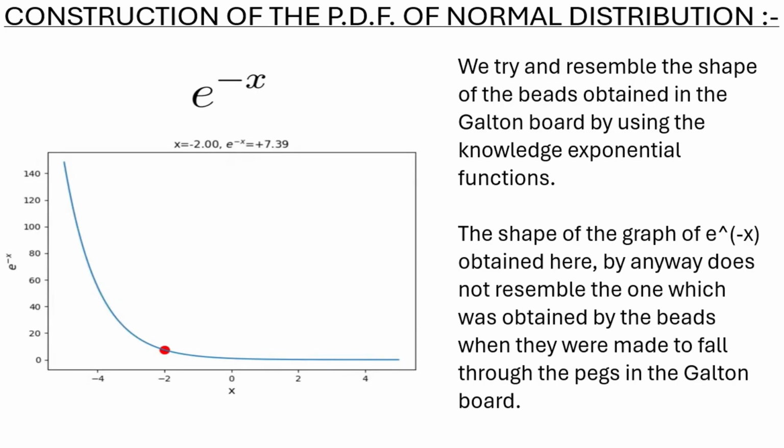So here we come to casting the first block of this pathway from the Galton board to the PDF of the normal distribution. The very first question which arises immediately is why e? Why Euler's constant?